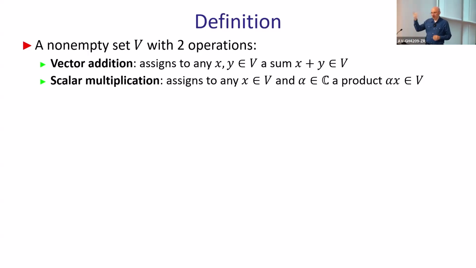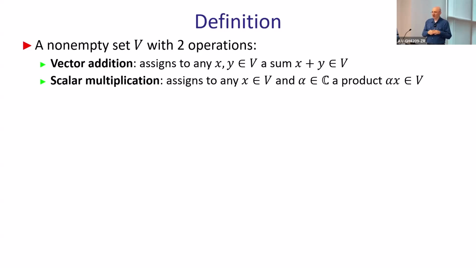So addition belongs to the same set. So if you're adding two objects from the same set, you get objects in the same set. And scalar multiplication. If you multiply that object from that set by scalar, you get object in the same set. Okay, so it's closed with regard to multiplication by a scalar.